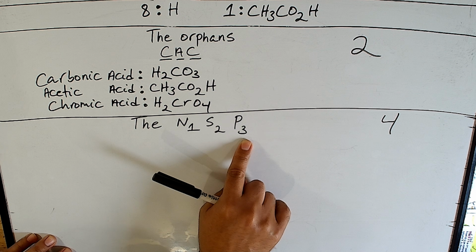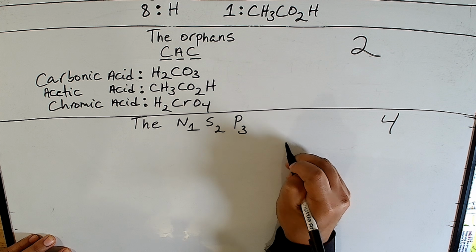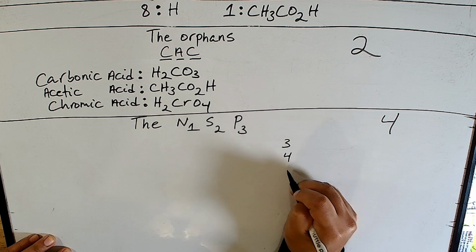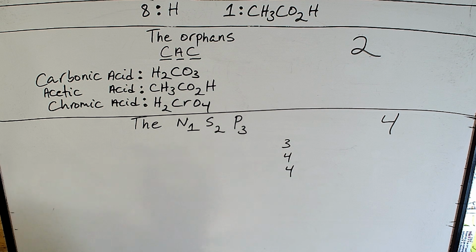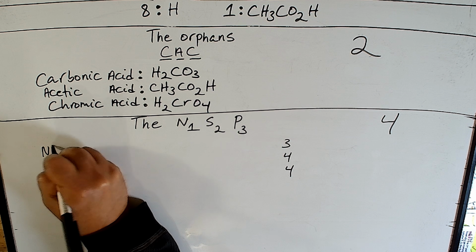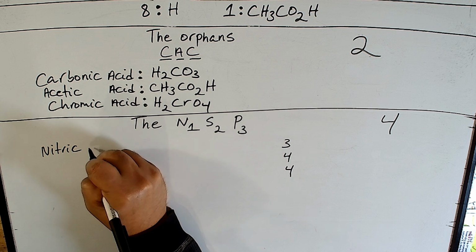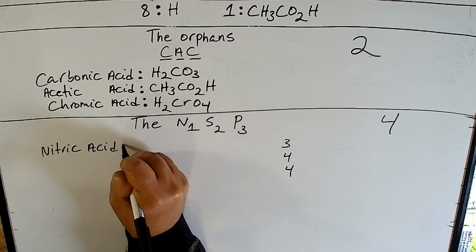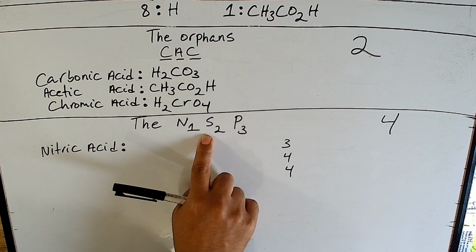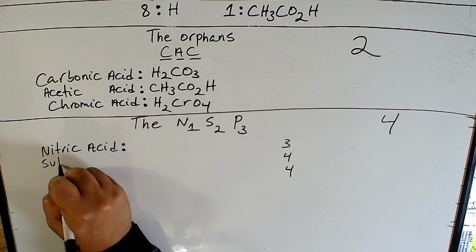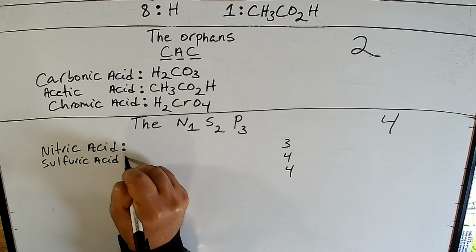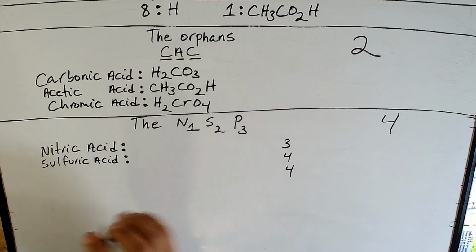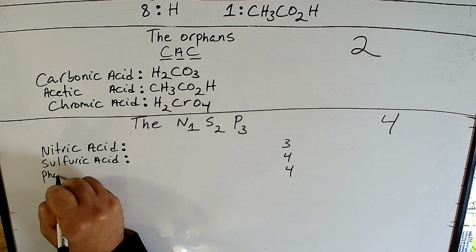This is the acronym basically that I use, and I know that the last subscript that they have will be a 3, a 4, and then a 4. So the N stands for nitric acid. The S stands for sulfuric acid. The P stands for phosphoric acid.